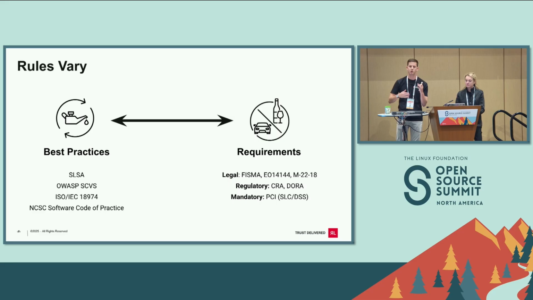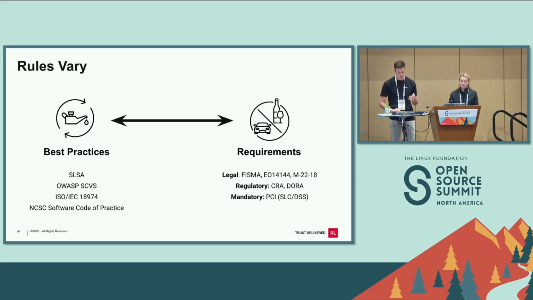But hopefully this gives you a taste of what I call the breadth of external influences that exist within the software supply chain and how they differ in terms of obligation between best practice and hard and fast requirements. Now, that begs the question, what does this mean for all of you that have come here today? Again, it depends on your role in the software supply chain that Katie was talking about.